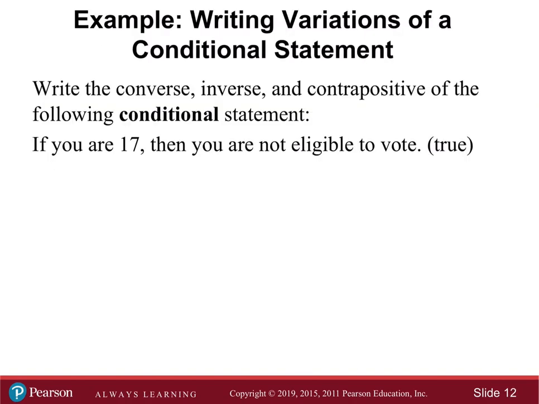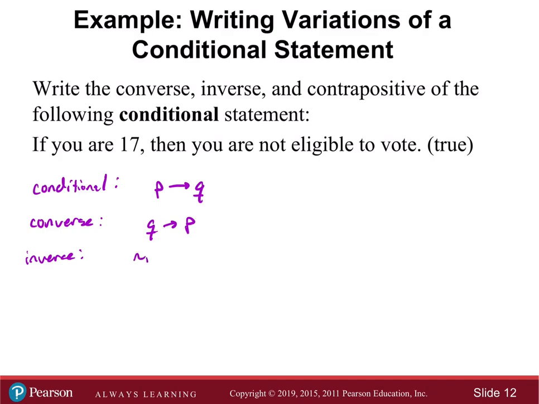Write the converse, inverse, and contrapositive of the following conditional statement. Okay, so before we tackle this one, I'd like to make a chart of what we just experienced. So the conditional is just going to be our P implies Q. And then the converse, which is not necessarily equal to the conditional, is going to be Q implies P. And then the inverse, which is equivalent to the converse, is the contrapositive of the converse.